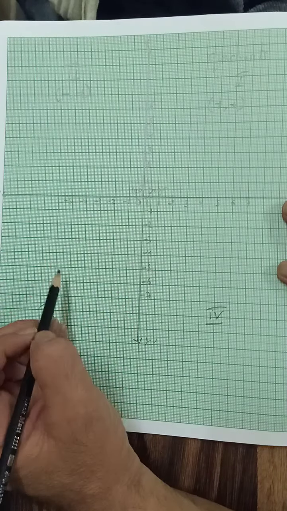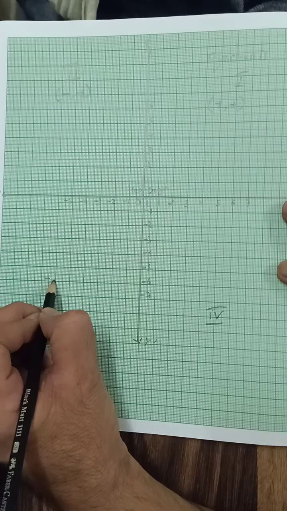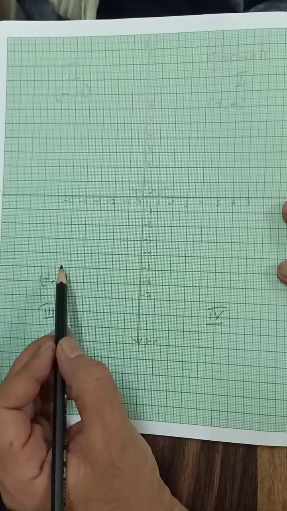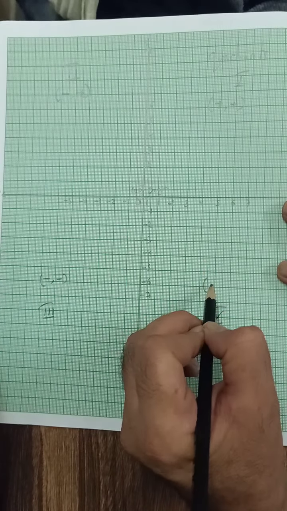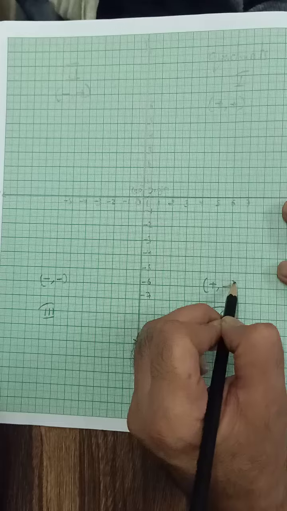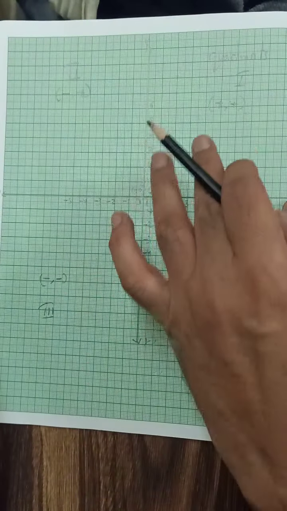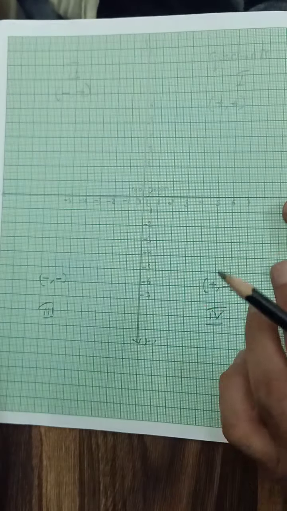In the third quadrant, I have both negative, so that will be negative comma negative. If both are negative in an ordered pair, you have to plot it in the third quadrant. In the fourth quadrant, x is positive and y is negative. In this way, after seeing the points you will come to know which quadrant that particular point lies in.